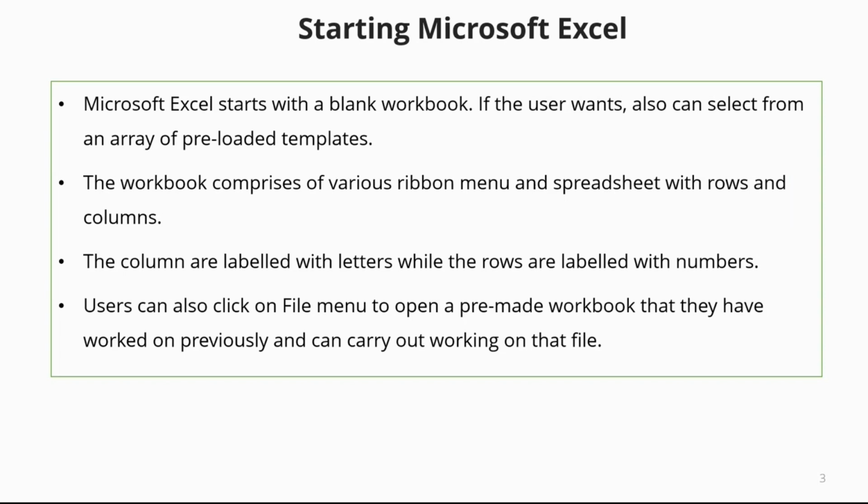When you open a workbook, you will see it comprises various ribbon menus and a spreadsheet with rows and columns. So there are rows and columns in a tabular format, and it also has various ribbon menus. Microsoft Word also has various ribbon menus, and so does presentation.